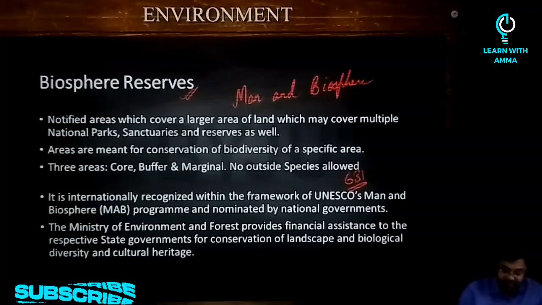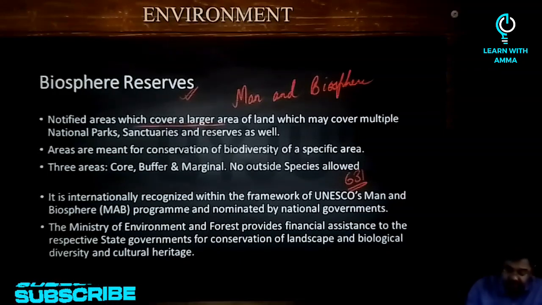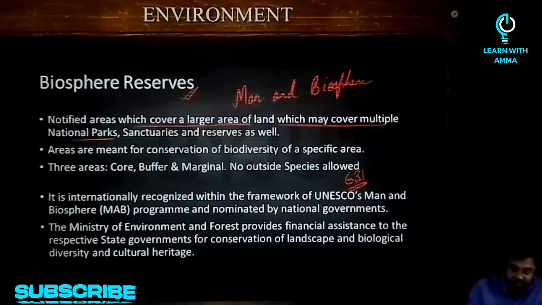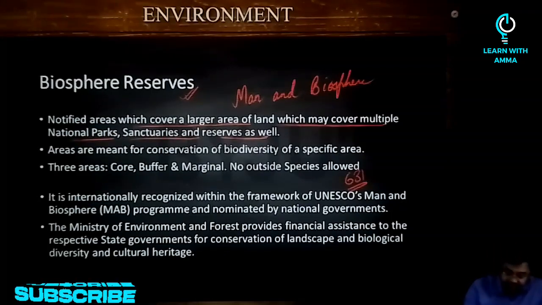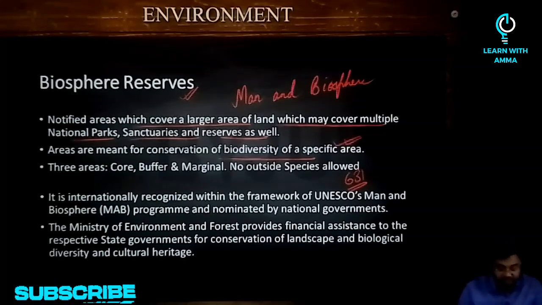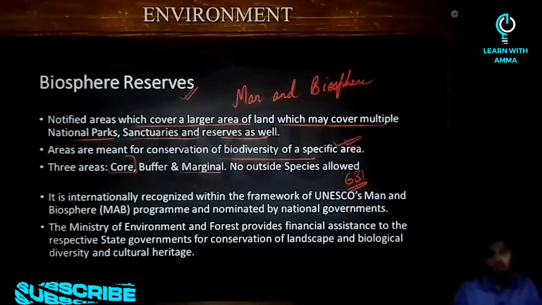So if you look at the characteristics of biosphere reserve, the very first thing is that these are notified areas which cover larger area of land, which may cover multiple national parks, sanctuaries and reserves as well. Second, the area is meant for conservation of biodiversity of a specific area. Then there are three main areas: core, buffer and marginal.